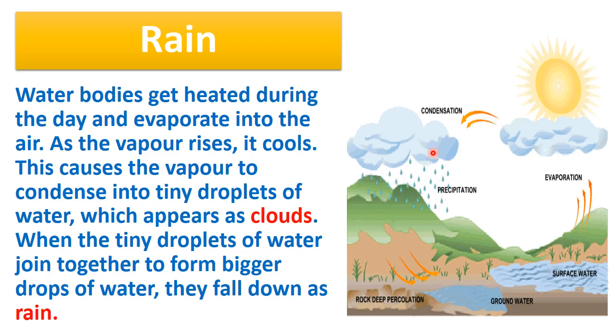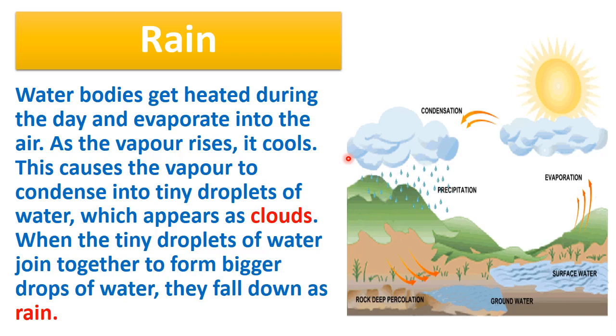Now these clouds are formed when the tiny droplets of water join together to form bigger drops. They fall down in the form of rain. There were tiny droplets when the cloud was formed.